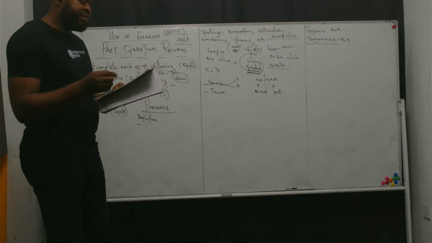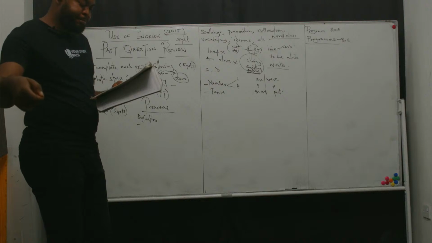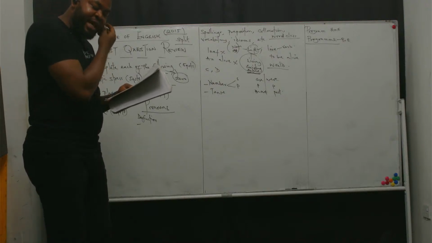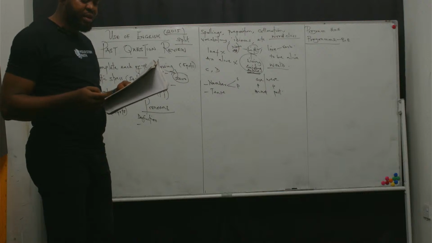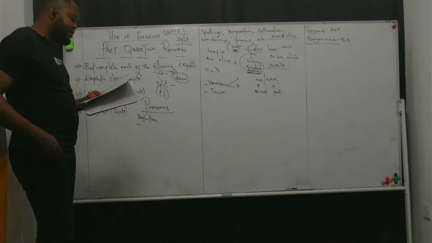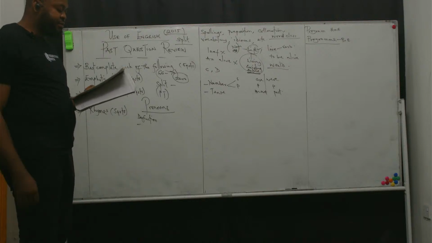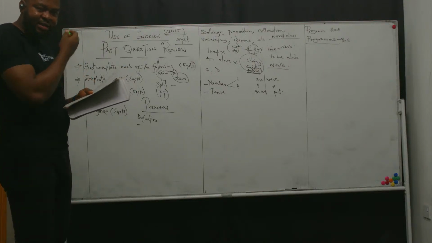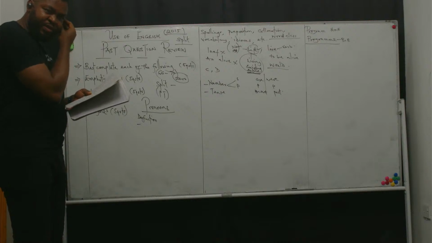So A, you have types of program without S. And then B, you have type of programs. Okay? Type of programs. Now we have to remove option letter B and D. Are you with me?